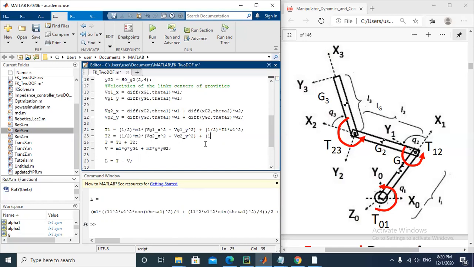The second link is 1/2 multiplied by I2, the moment of inertia of the second link, multiplied by omega 2 squared.